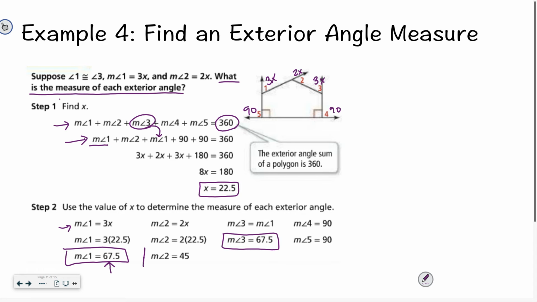That gives me 45. And then the final thing, you guys are going to be tempted to skip this part because you already started knowing what angle 4 and angle 5 are, but I still want you to list all of the measures of the exterior angles. So I expect if there's 5 angles, you need to have 5 angles written down in your answer.